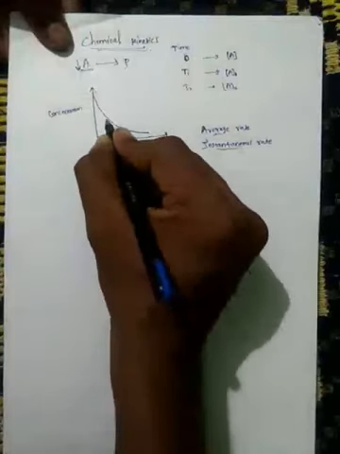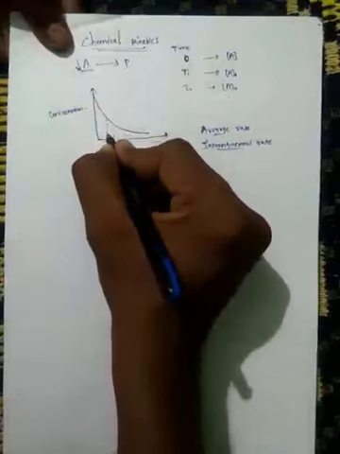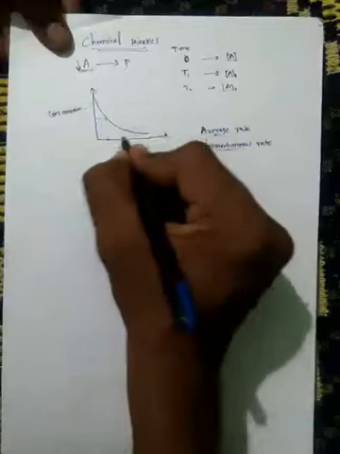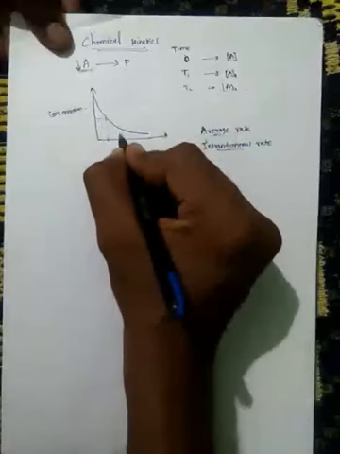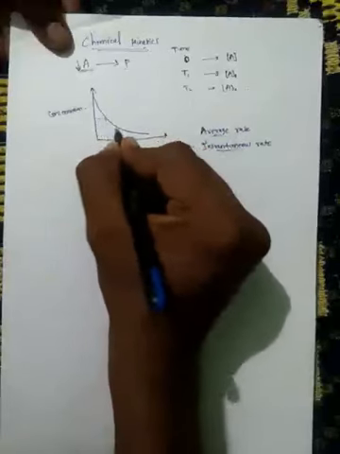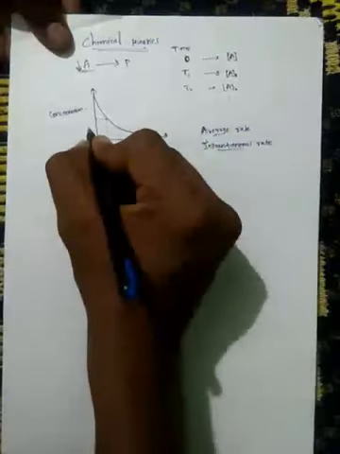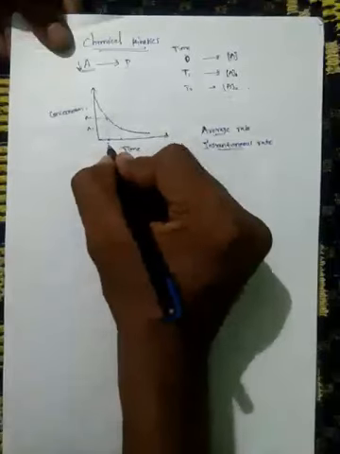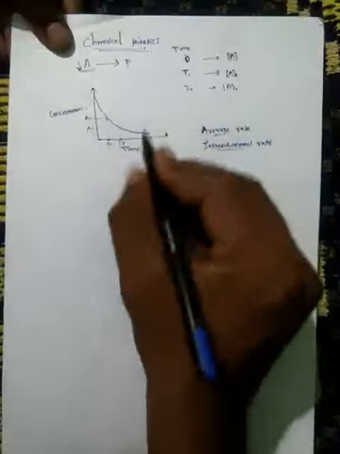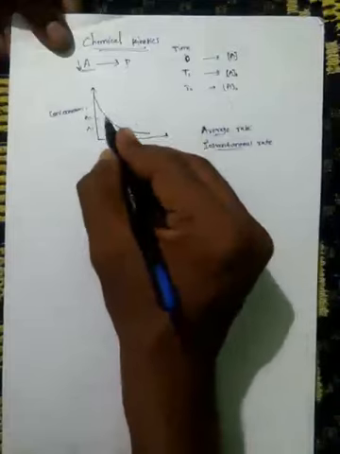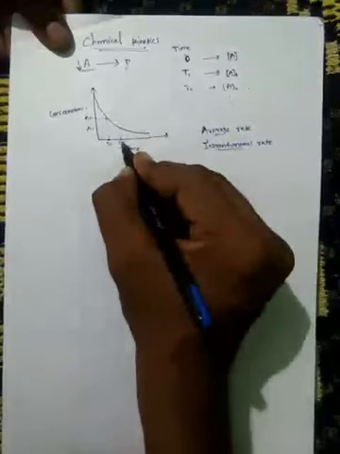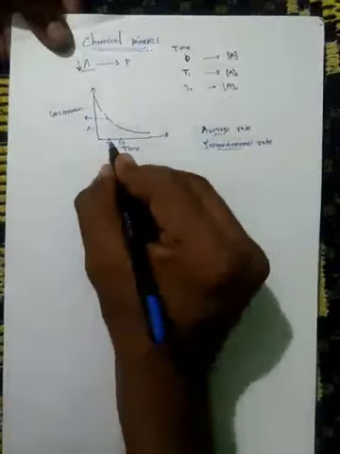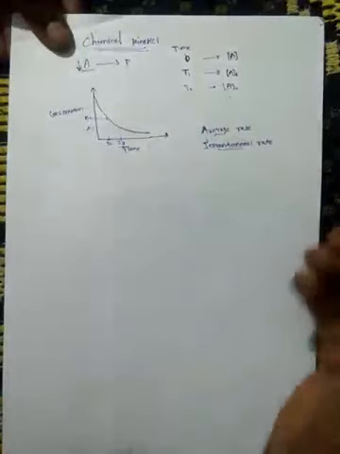See, at this time the concentration is this, and at this time the concentration is, say, this is A1, this is A2, for example at T2 and T3. At time T2 the concentration is A2, at time T3 the concentration is A1. So the concentration is decreasing when the time goes from T2 to T3.